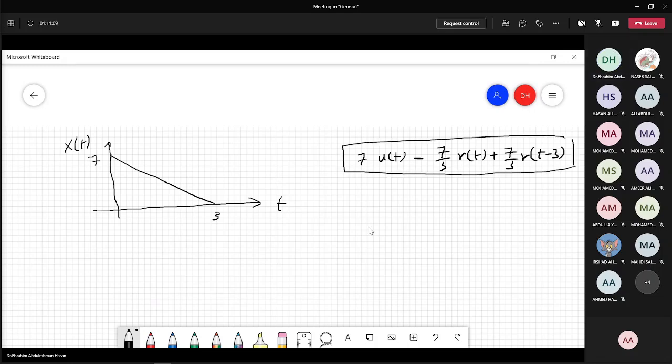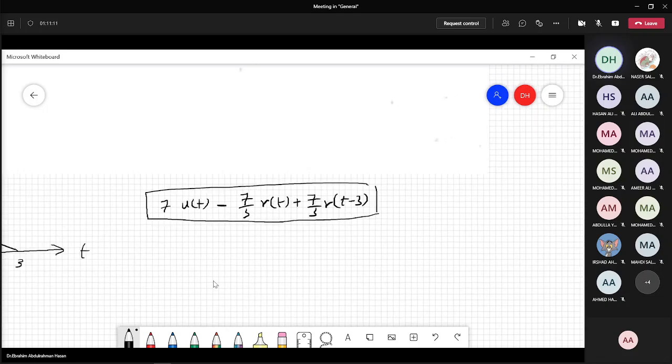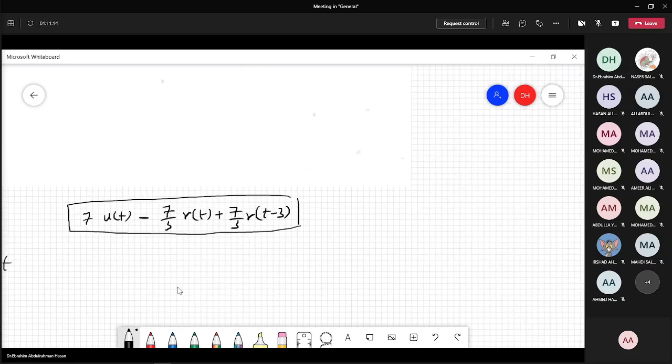Let's say you have this, and the question is: this is x of t, find x of t at t equal to 2.25 seconds.